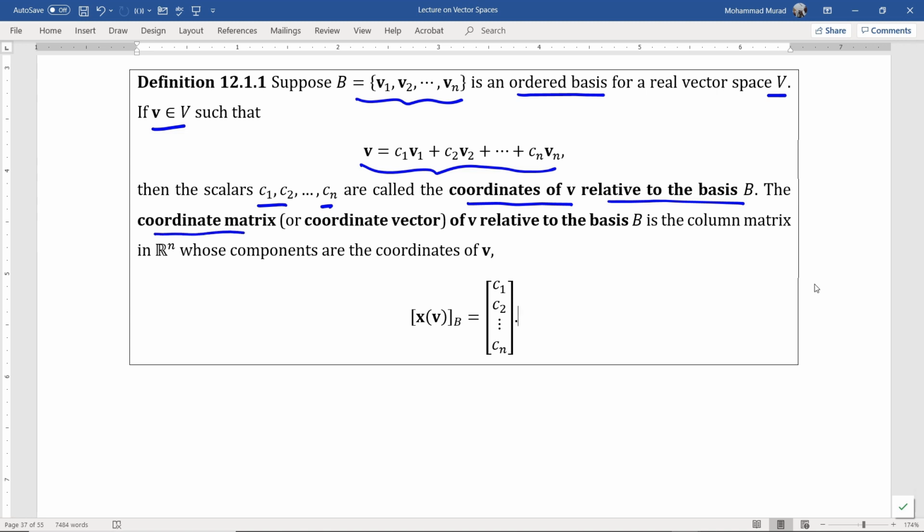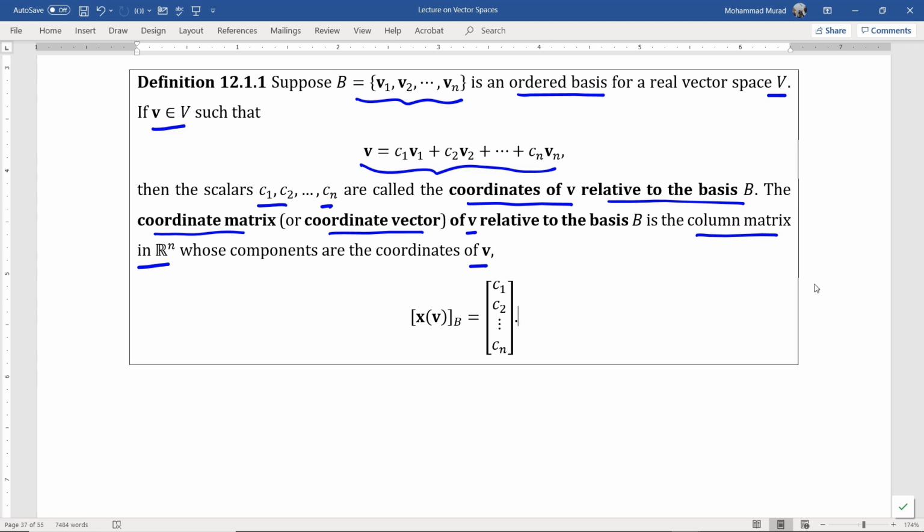The coordinate matrix or coordinate vector of the vector v relative to the basis B is the column matrix in the vector space Rn whose components are the coordinates of v.